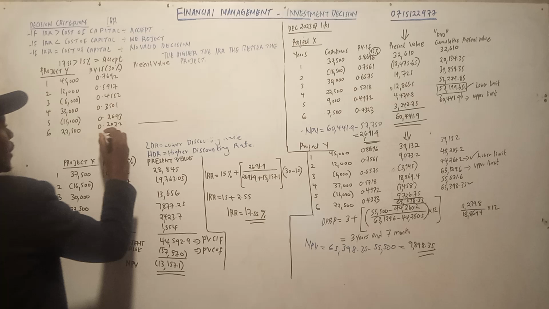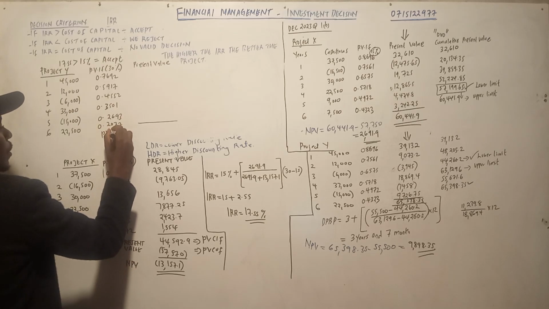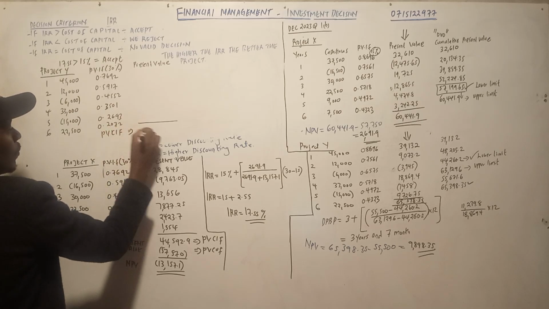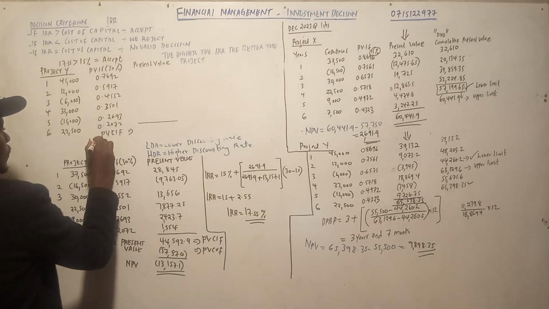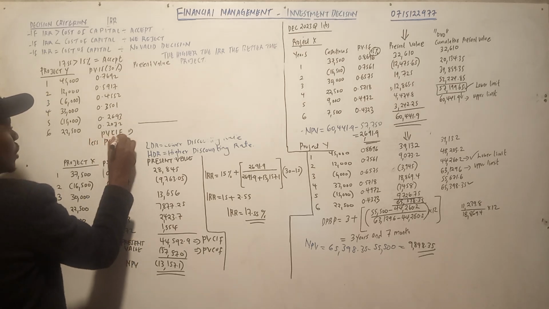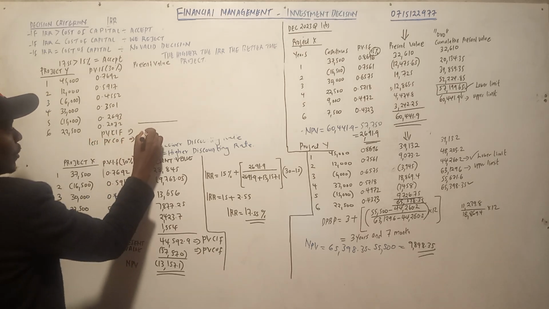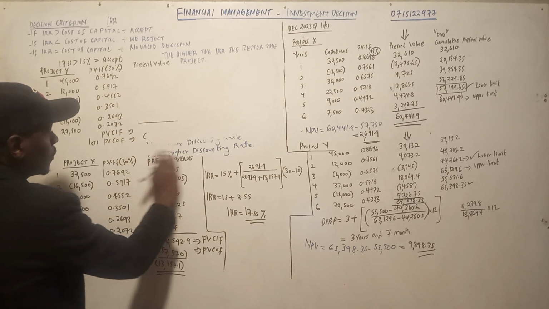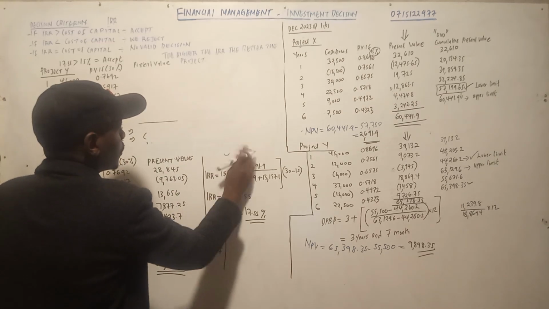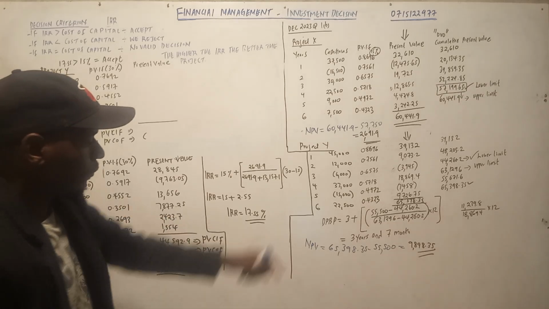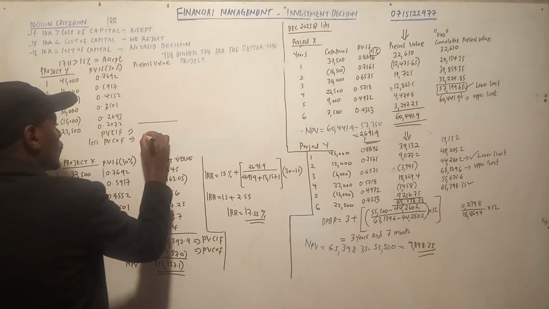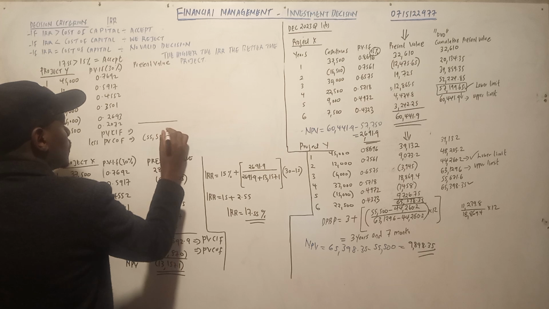so that we get here the present value of cash inflows, then we less the present value of cash outflow, which we know is how much. If you were to less, we take out the initial investment, so we know it is 55500.